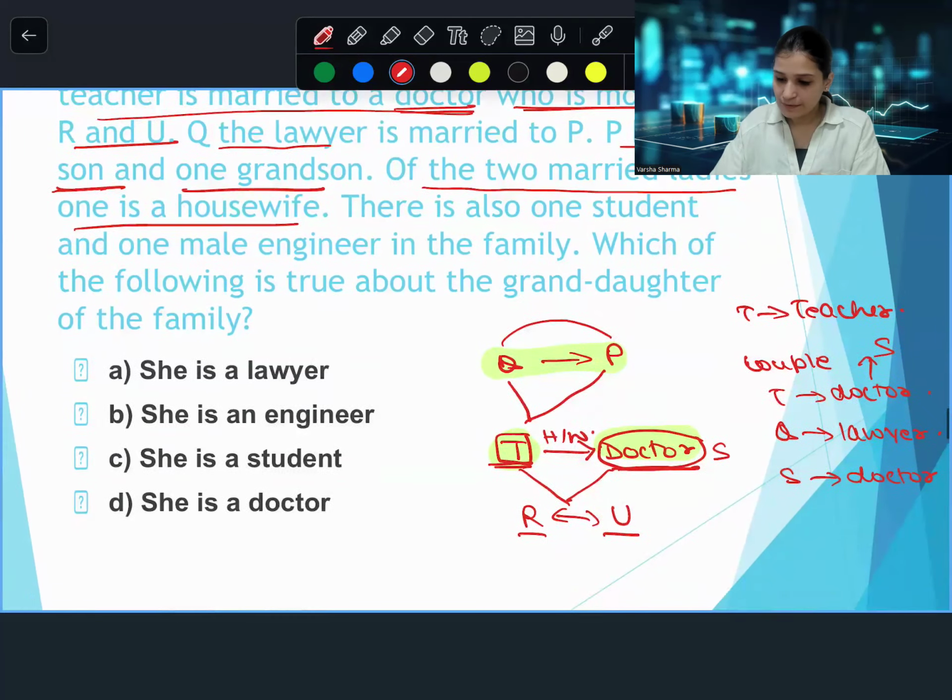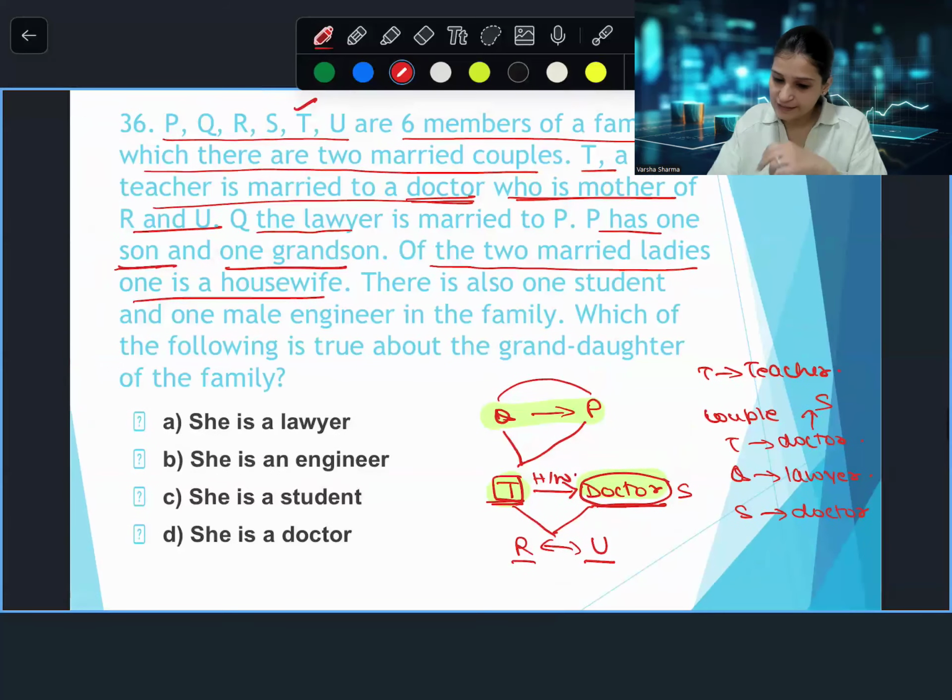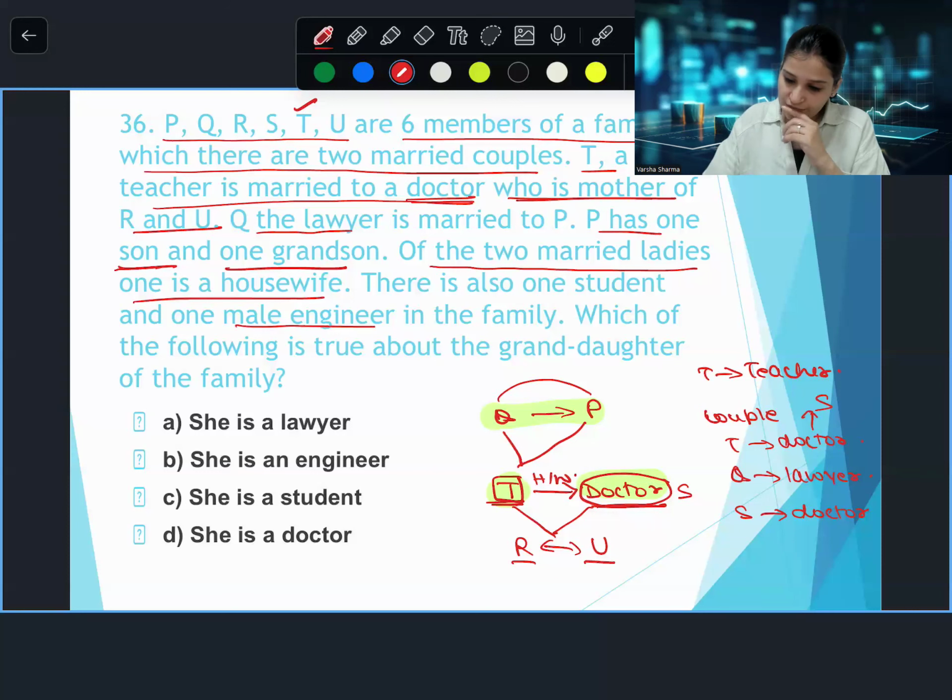Clear? What are the professions left? One male engineer. Now, there is also one student and one male engineer in the family. So the student will be either R or U.